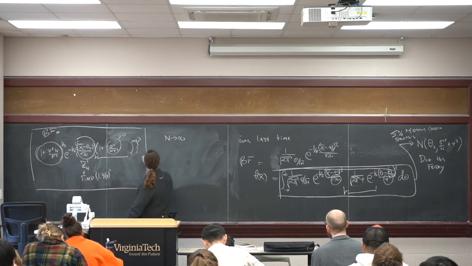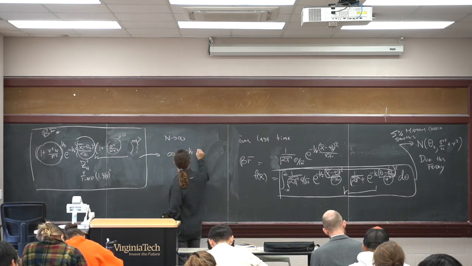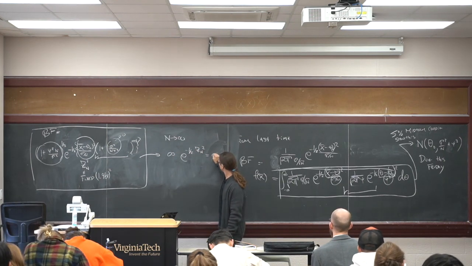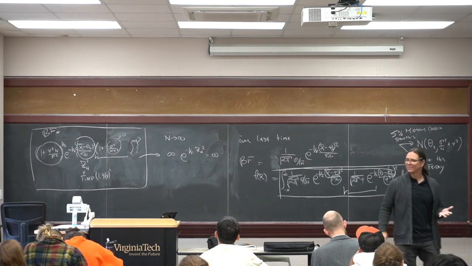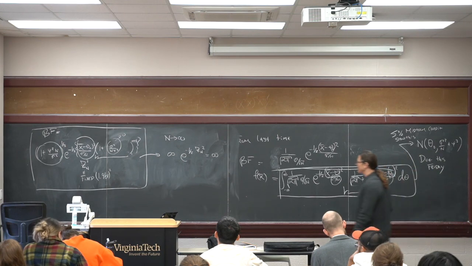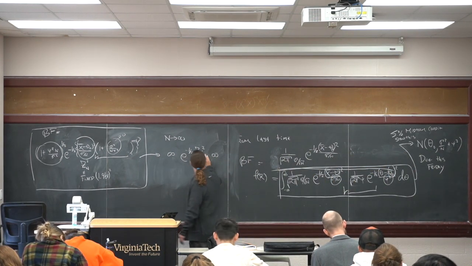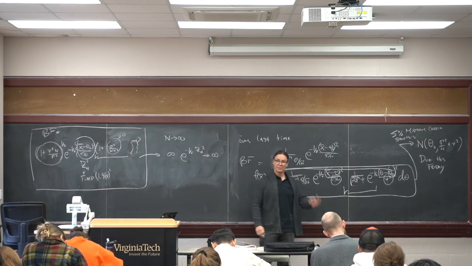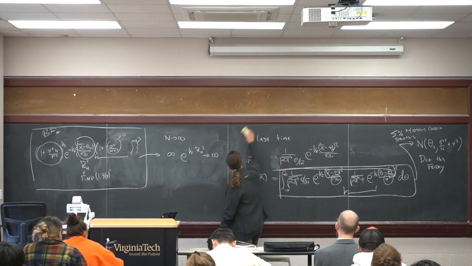So this thing right here goes to infinity times e to the minus 1/2 zn squared, which is equal to infinity. My calculus teacher would be appalled. So you get the idea. Take the limits, and that's what it looks like. So converges to that, it converges to that. So it blows up to infinity. So let's think about what that means in terms of the posterior probability.